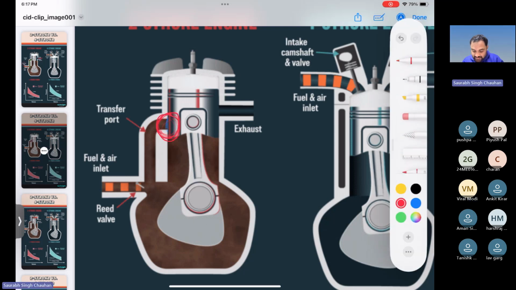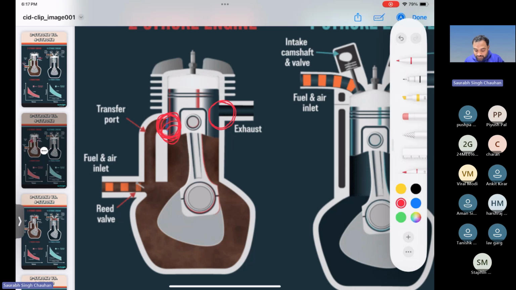Covered by what? Covered by the piston. So it is closed, right? And the exhaust port is also covered by this piston, so this is also closed, right? So the only port that is open is the inlet port.